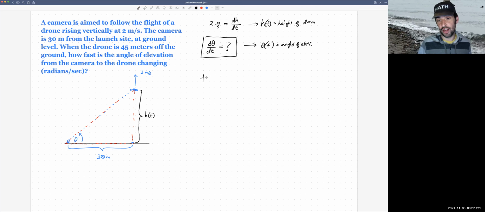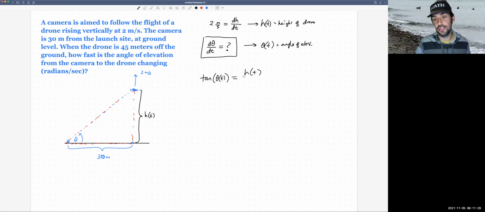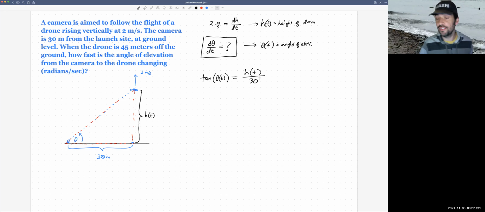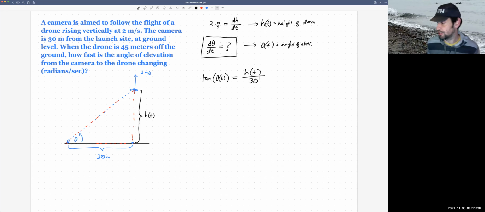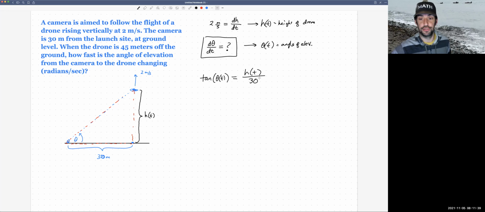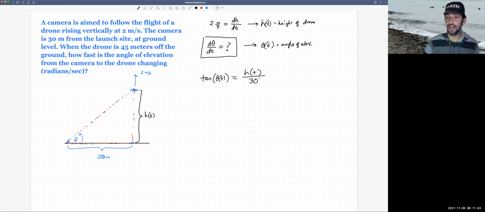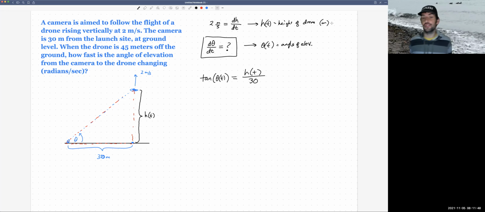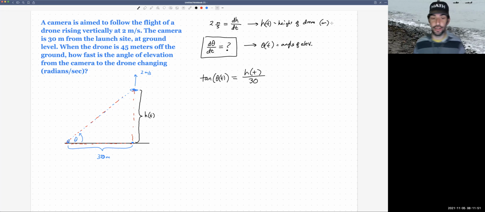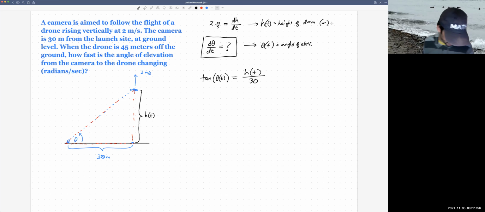So a good thing to try is tan(θ(t)) = h(t)/30, right? This is just the definition of tangent, the opposite side over the adjacent when we're dealing with triangles. Our units work out nicely. Height is in meters. That 30 is in meters, so the units cancel, and that is what we should have when we have a tangent: no units, just a number.